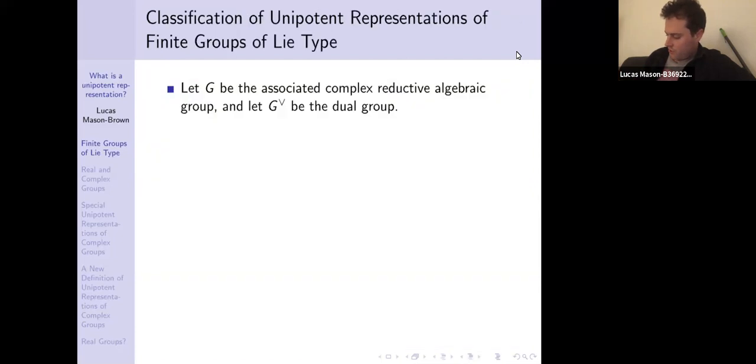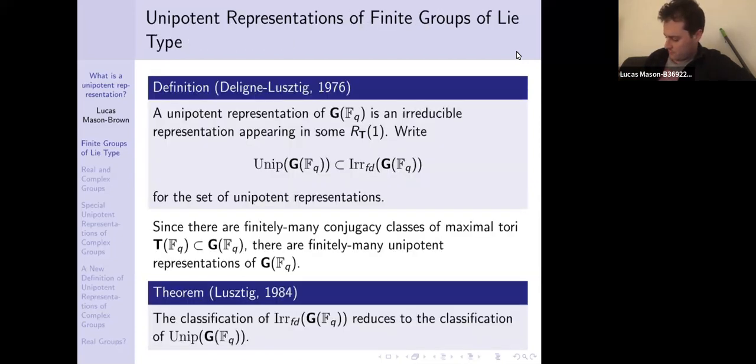And Lusztig shows in a subsequent paper that the classification of all finite dimensional representations of G(F_q) reduces in some sense to the classification of this small finite set of unipotent representations.